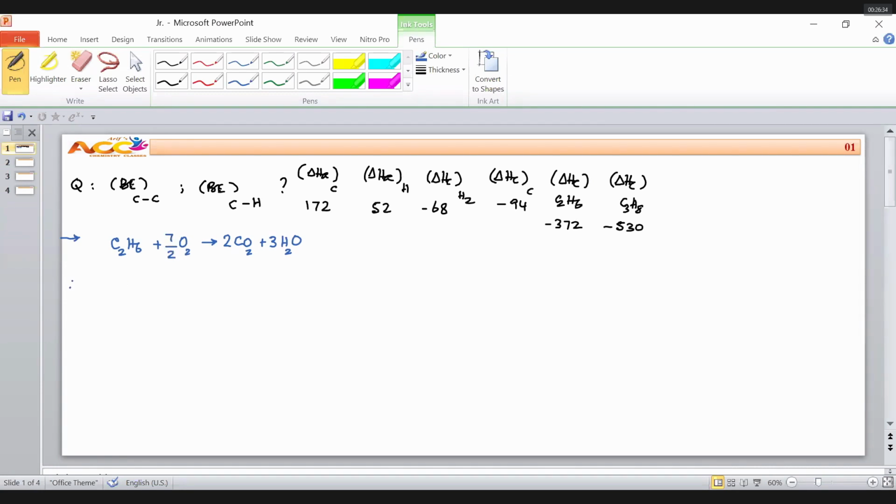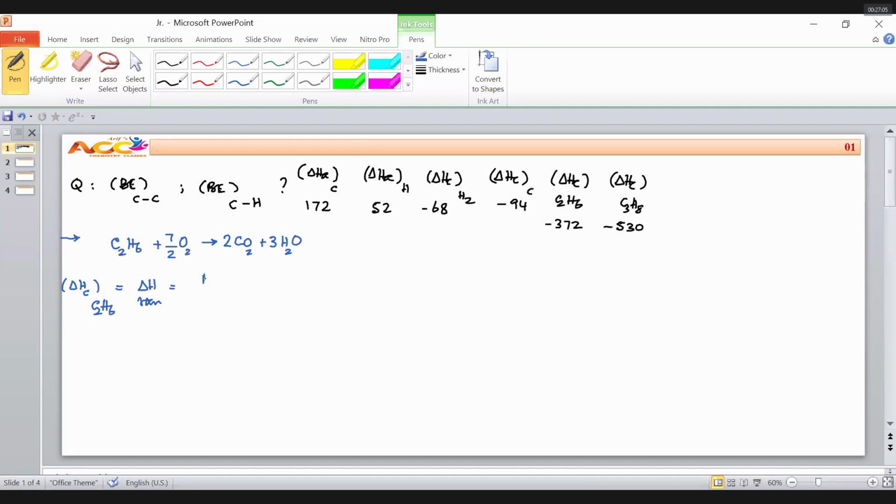If you want to write the enthalpy of combustion of ethane, may I call it enthalpy of reaction? No problem. How to proceed? Very simple, sir. Here he has given in terms of bond energy discussion, so I should go in terms of bond energy only. Come on. What is to be done?